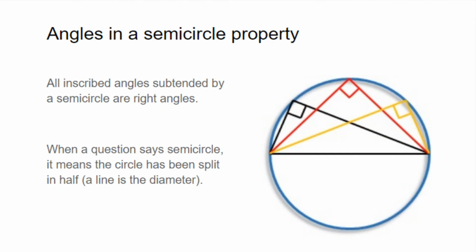So this gives us the last property, which is angles in a semicircle. All inscribed angles subtended by a semicircle are right angles. And when a question says semicircle, it just means the circle's been split in half. So one of the lines is acting as the diameter because it splits it into two halves of a circle.